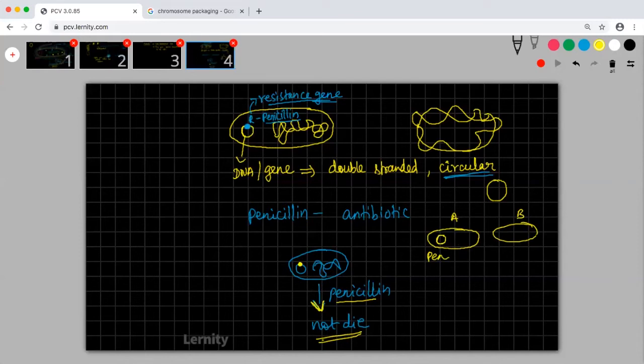This bacteria is not having that. So this is just having the chromosome. This is having chromosome as well as the plasmid. So if I'm going to put penicillin, B will die, whereas A will survive.